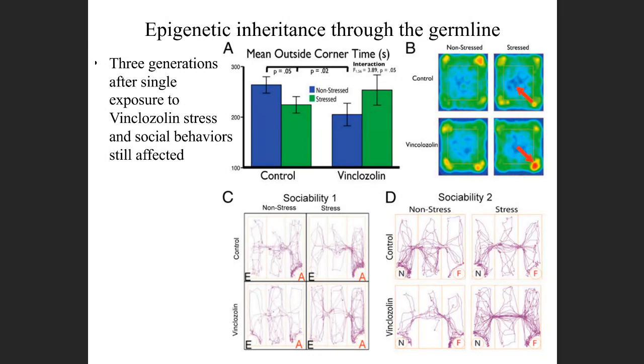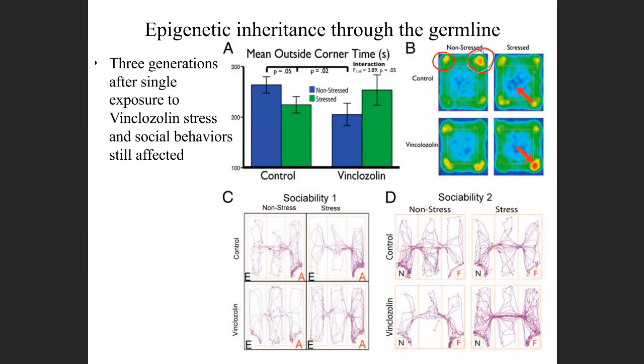What you can see is the non-stressed controls actually spend a lot of time in the corners. So they're spending some more time in the corners, and when they're stressed, they spend more equal time.